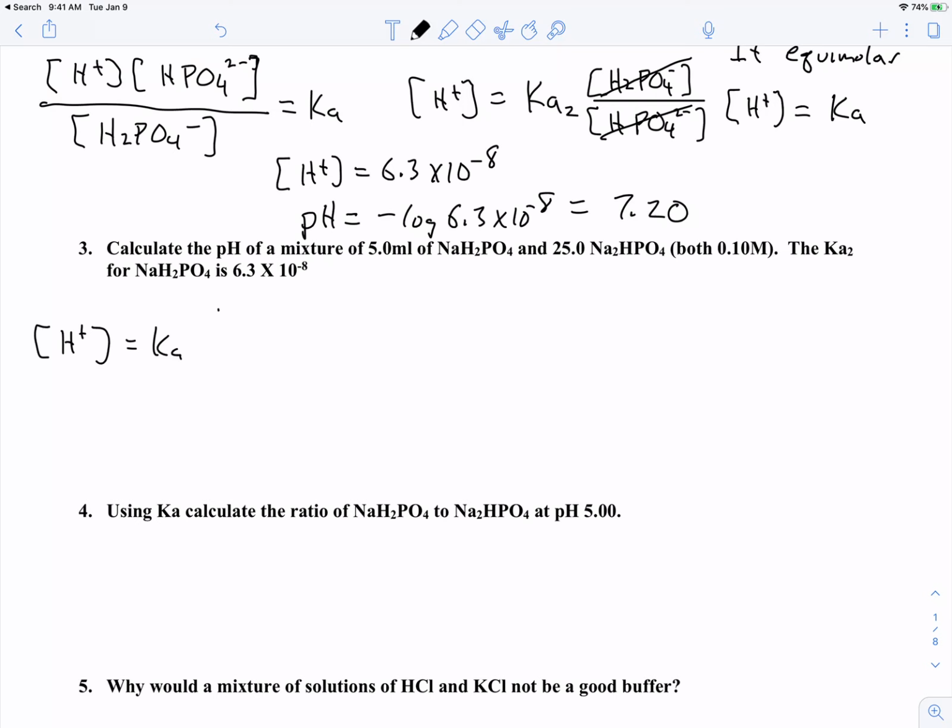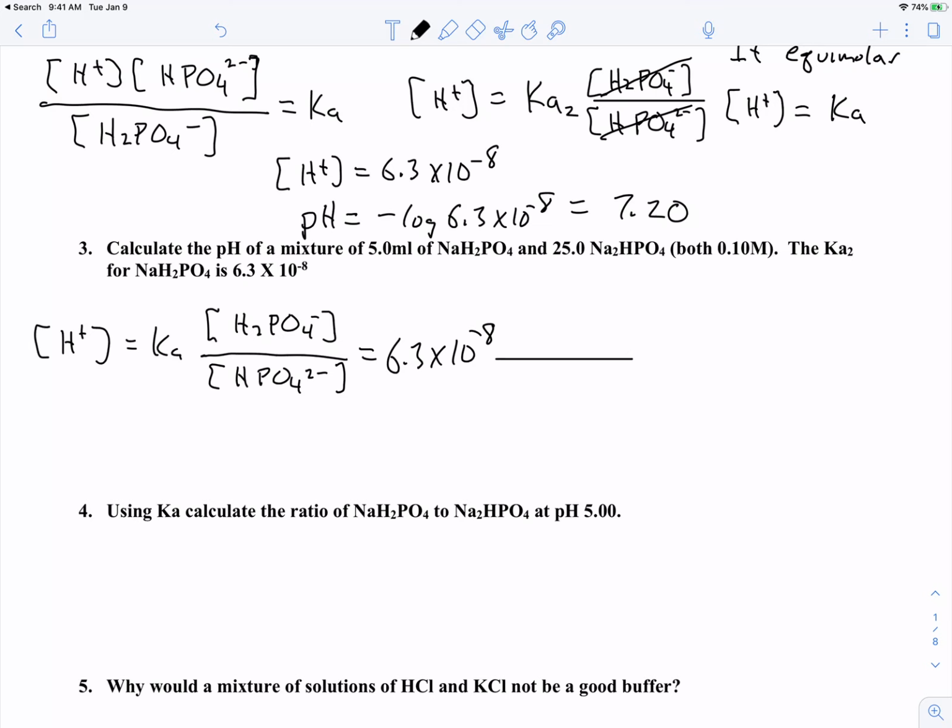So the hydrogen ion concentration is going to be the Ka times my conjugate acid on top and conjugate base below. And the Ka equals 6.3 times 10 to the minus 8th.